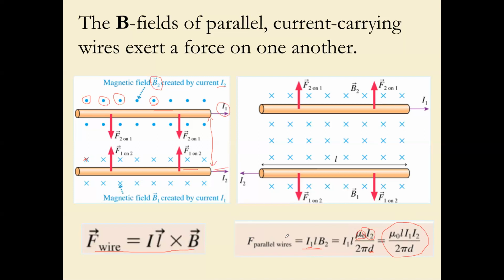It will be the same, but their direction will be different. The direction of the force on the first wire is downward, and the direction of the force on the second wire will be upward. So that's why we see that they attract each other.